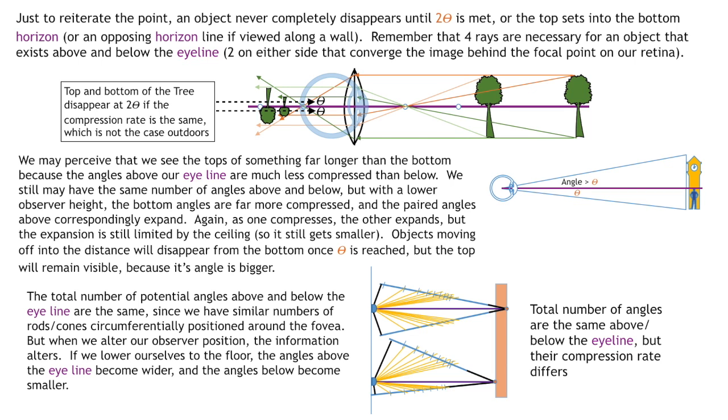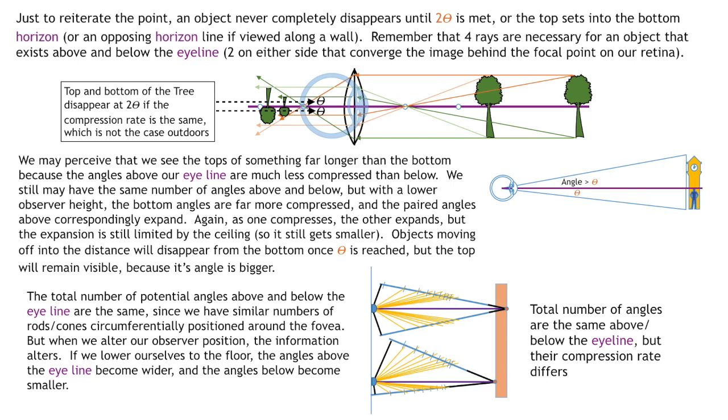We still may have the same number of angles above and below, but with a lower observer height, the bottom angles are far more compressed, and the paired angles above correspondingly expand. Again, as one compresses, the other expands, but the expansion is still limited by the ceiling, so it still gets smaller. It just doesn't keep expanding, in other words.